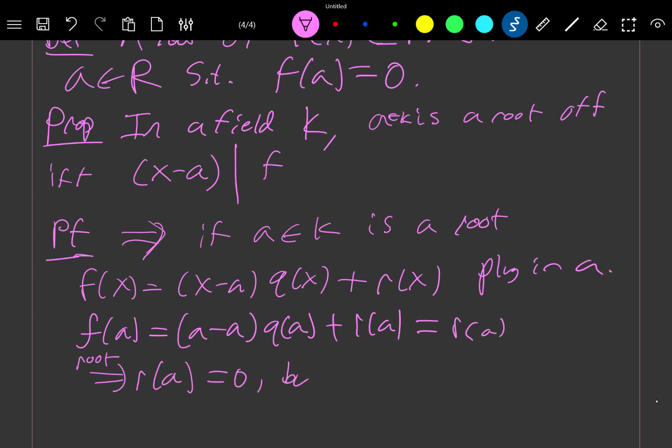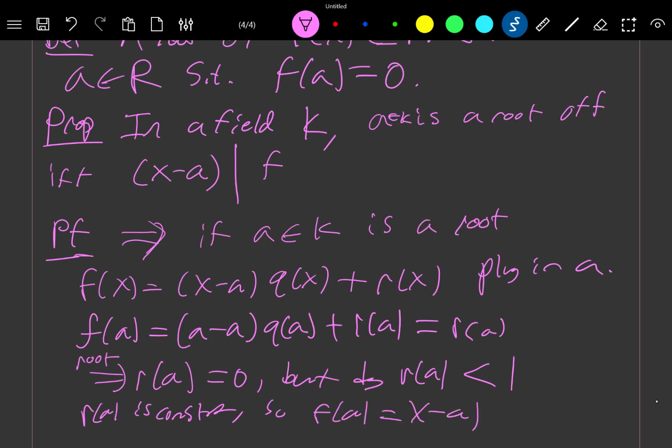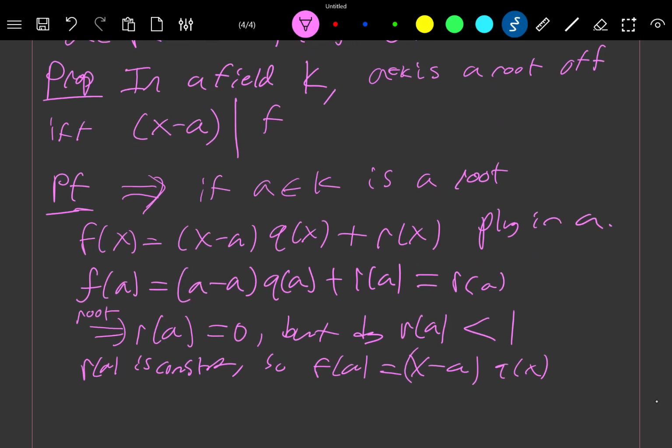But the degree of r is less than 1, so r is constant. So f of x is x minus a times some q of x.